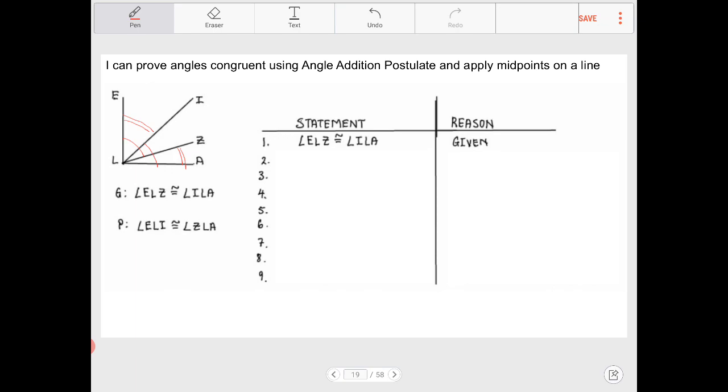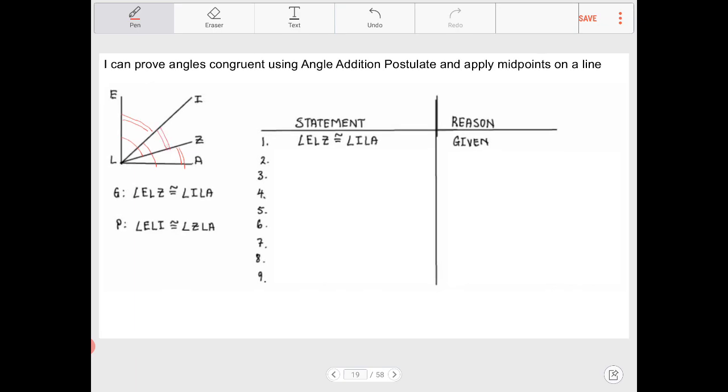I have an angle in between. So again, I hope you guys can see that this problem is actually really similar to the second problem in the last lesson. We're trying to show that these smaller angles are going to be congruent to one another.